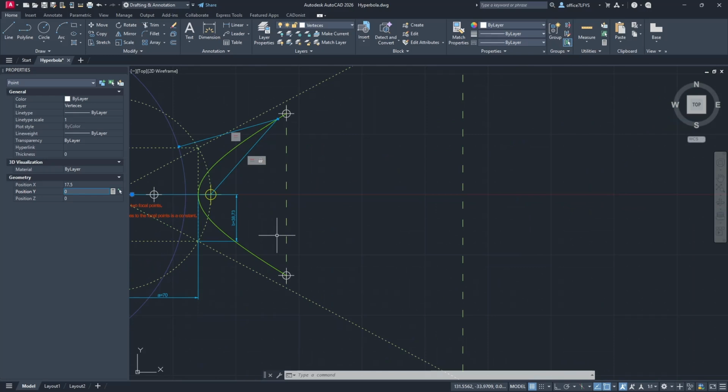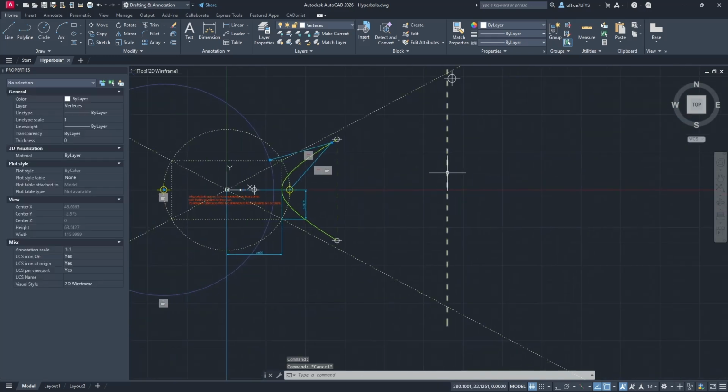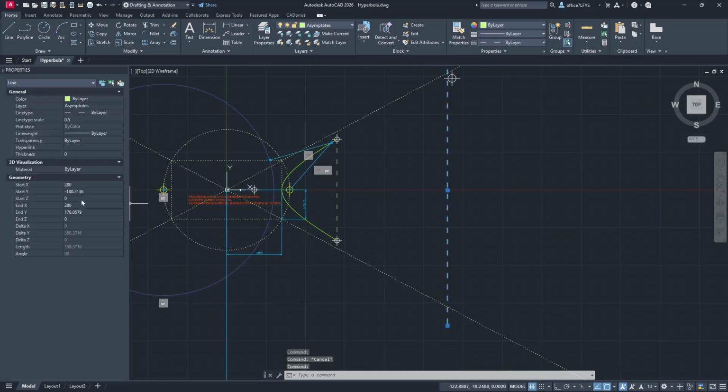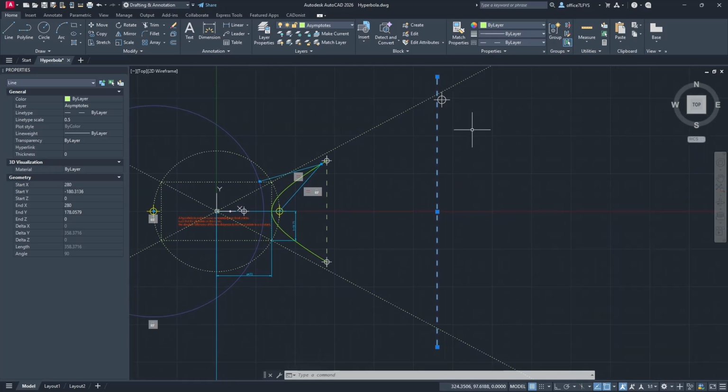Why exactly a divided by 4? Because this line is at a distance of 4a. 70 times 4 equals 280. For this point, the x-coordinate is 280, and the y-coordinate is calculated as b times the square root of 15.